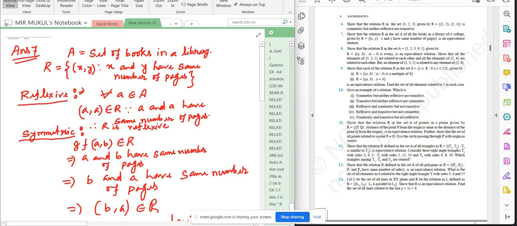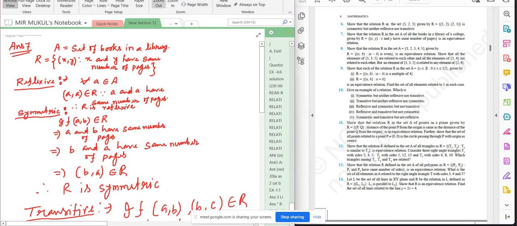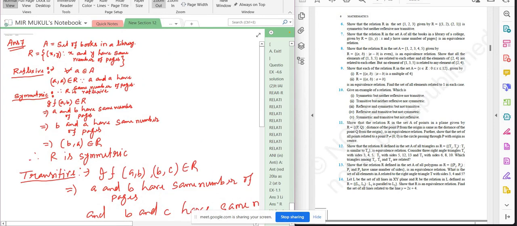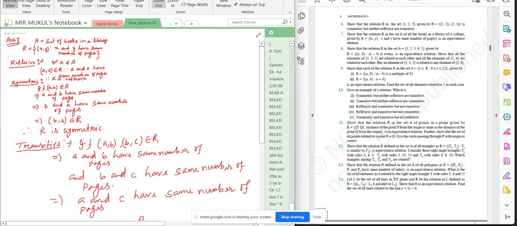Okay, for symmetric what did we do? If (a, b) belongs to R, what does it mean? A and B have the same number of pages. Then B and A have the same number of pages. So (b, a) also belongs to R, so R is symmetric. For transitive, if (a, b) and (b, c) belong to R, it means A and B have the same number of pages and B and C have the same number of pages.